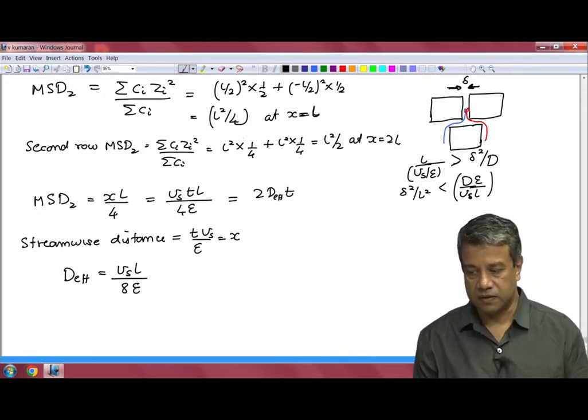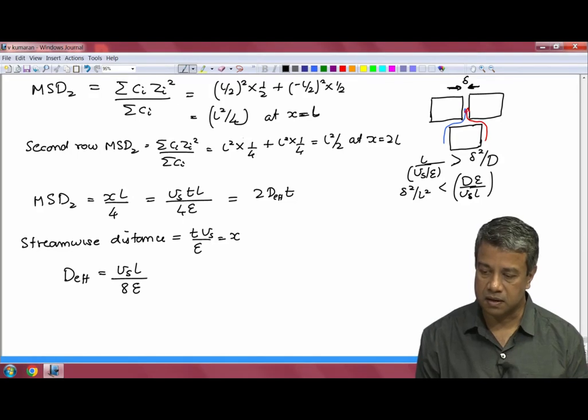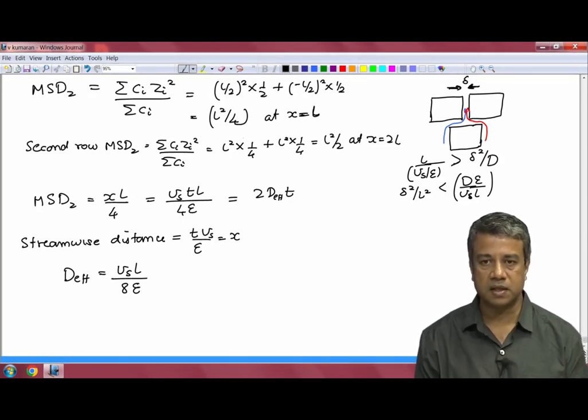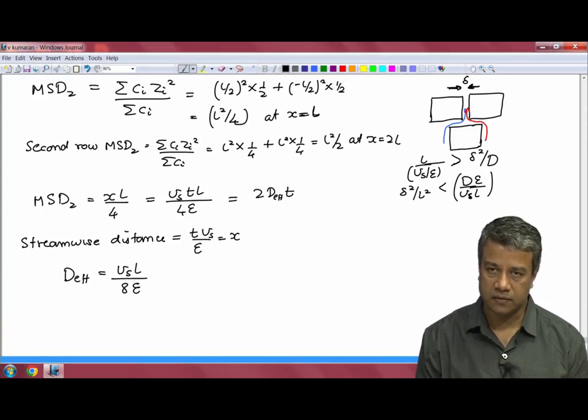Okay. So, if this is true, then there is almost complete mixing of the two inlet streams in a porous region by the time it traverses one repeat distance, and therefore, the dispersion coefficient does not depend upon the molecular diffusivity.